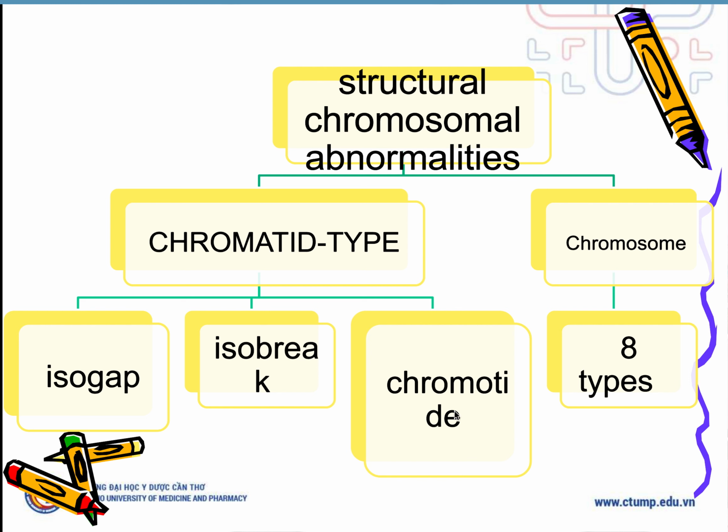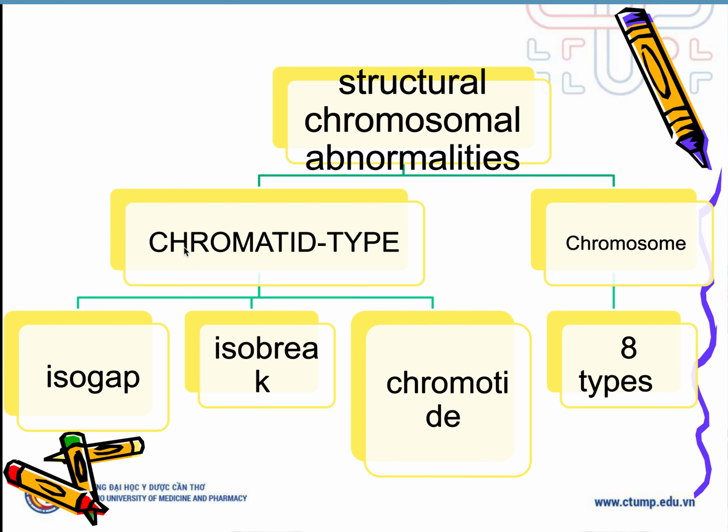The last one is the chromatid exchange. When there are breaks in other chromatids, they join together and form a new structure, and so you call this one chromatid exchange.